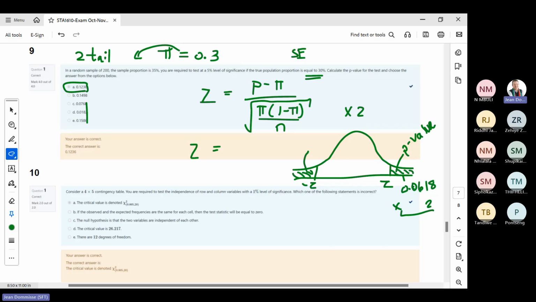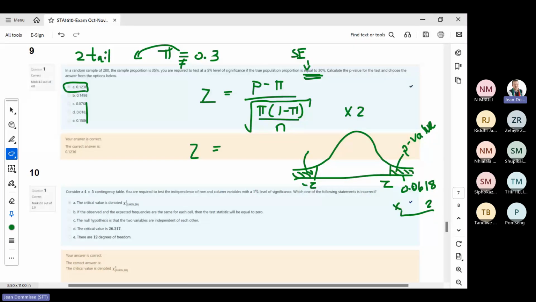And then a lot of students pick it, but forgot that we're looking at a hypothesis. They tell us it's equal. When they say equal, equal means the null, and the alternative is not equal. So we sit with a two tail.